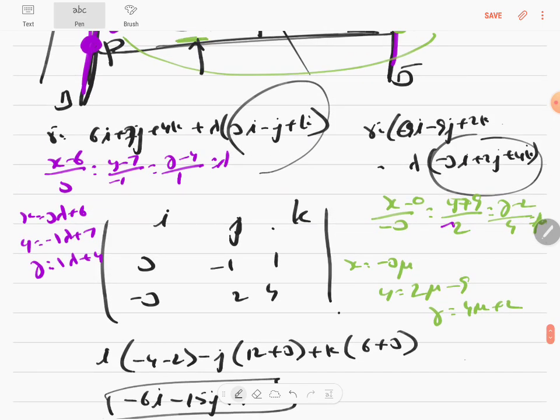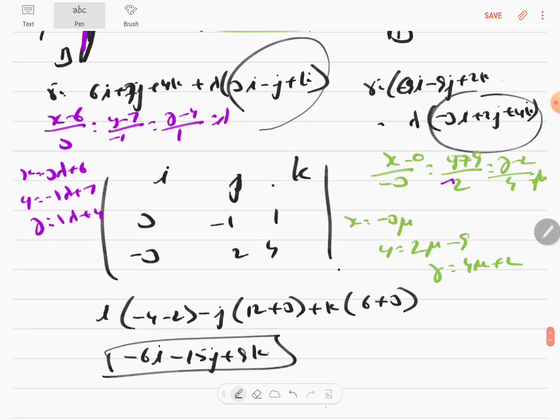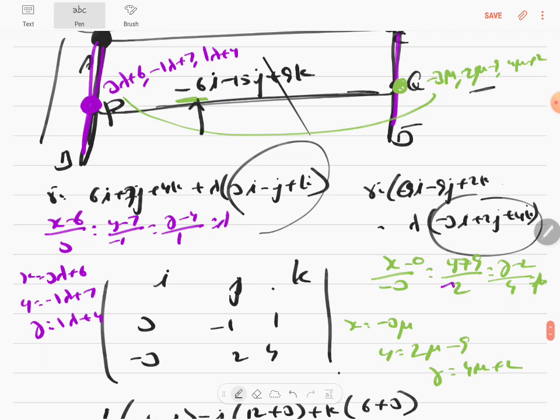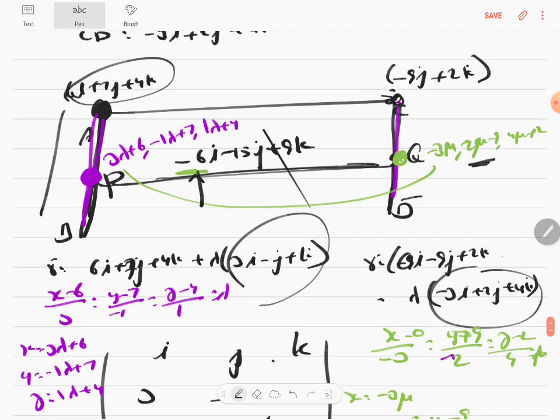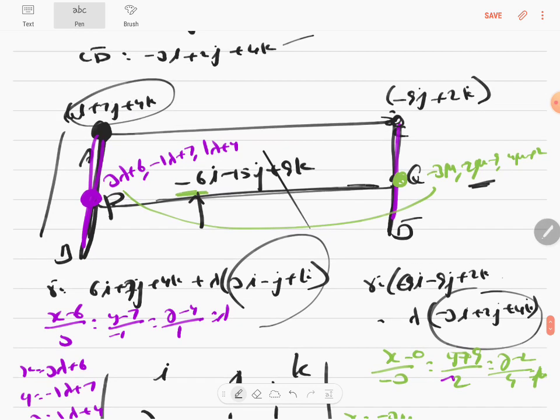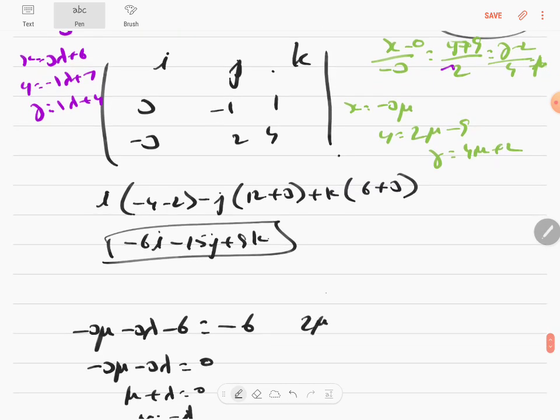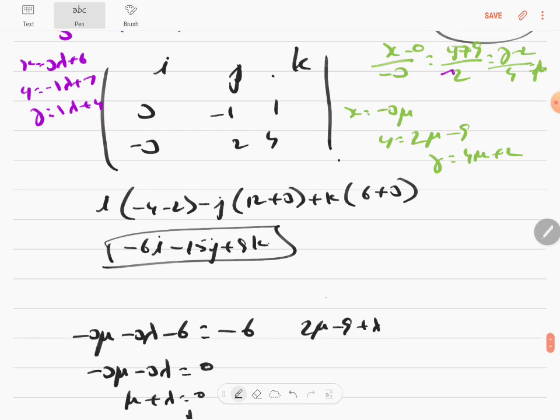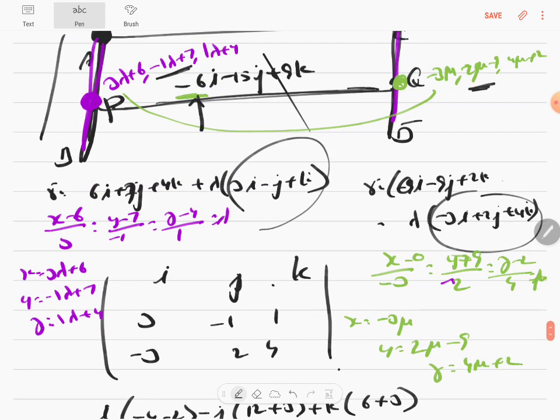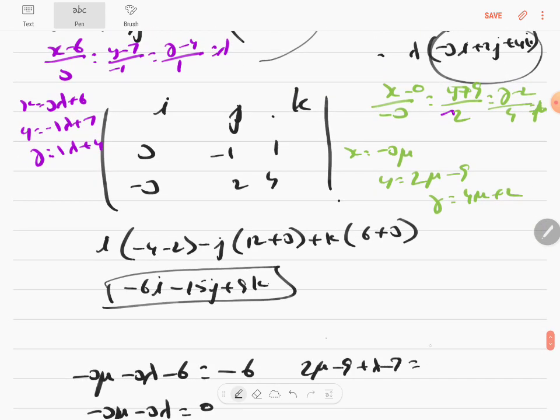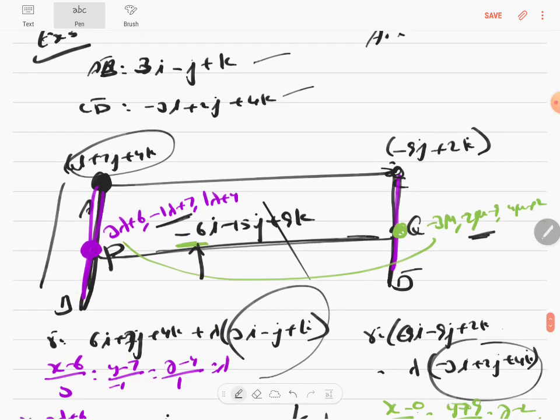Okay. Similarly, I can subtract the y, which is 2 mu minus 9 plus 1 lambda minus 7. We subtract that, that should be equal to minus 15.